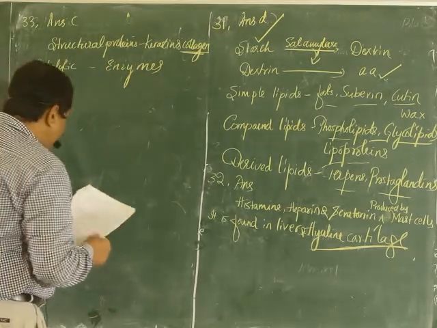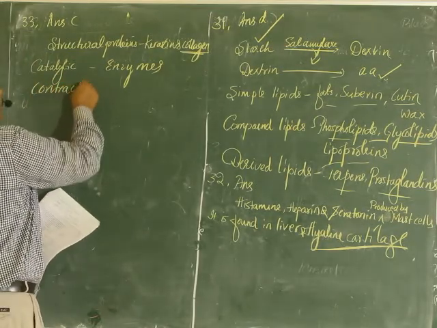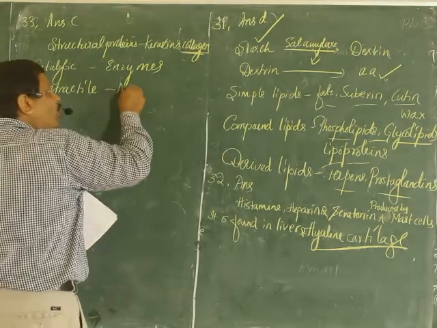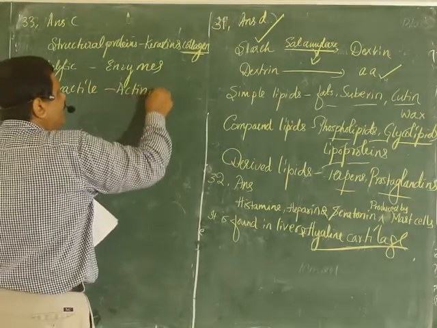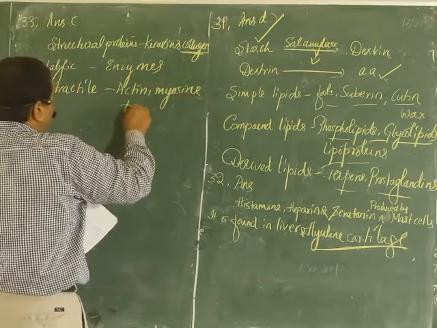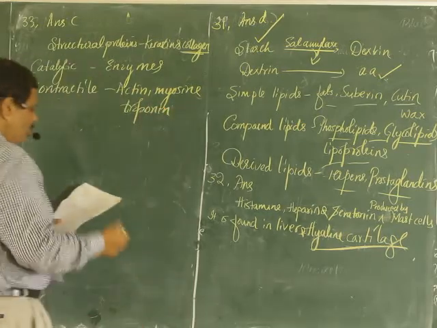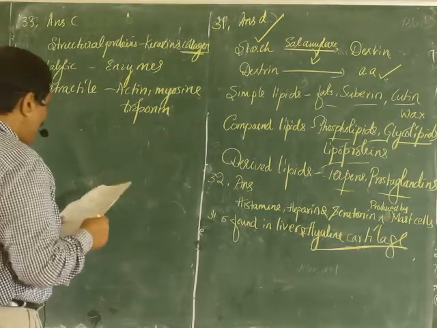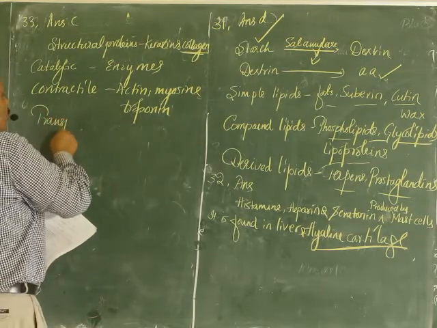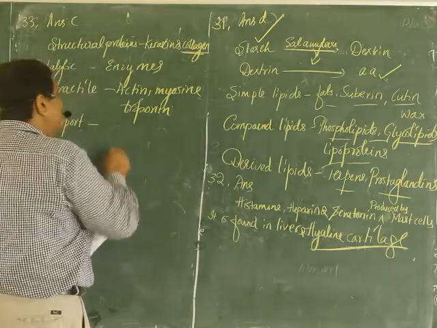Then contractile proteins are actin, myosin, troponin. Transport protein, which is helpful for transportation, is hemoglobin, hemocyanin.